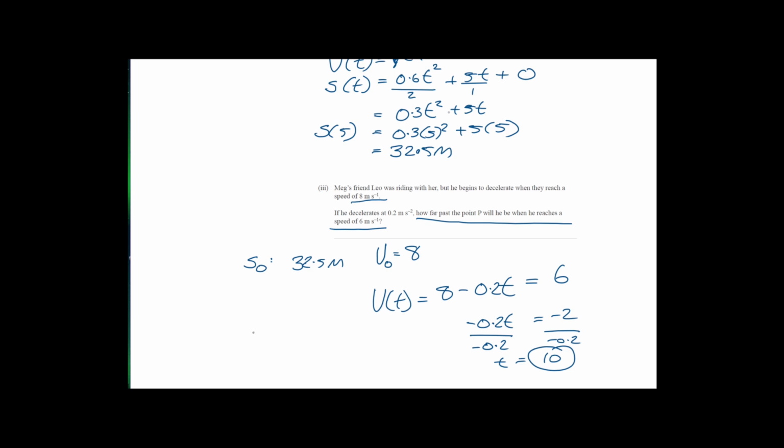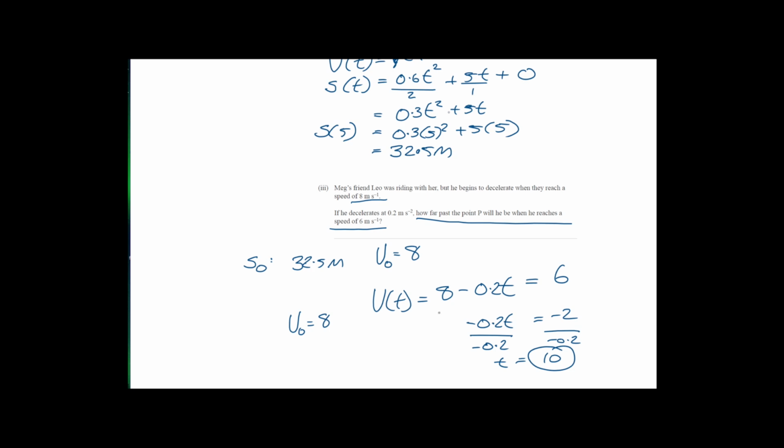So what is the distance that he moves at that speed? Okay, so V naught is 8, and if we integrate, we could find out.